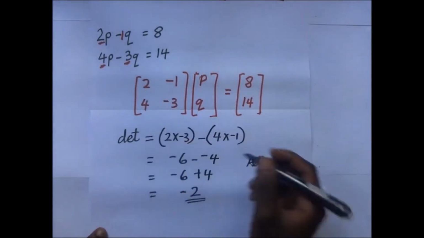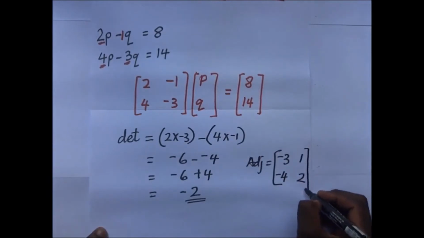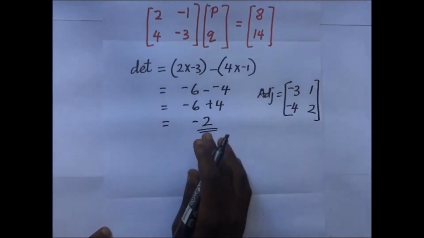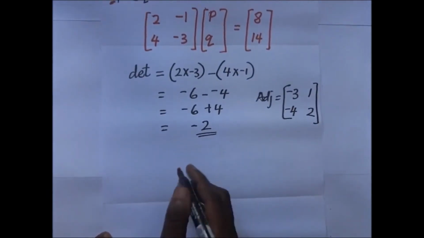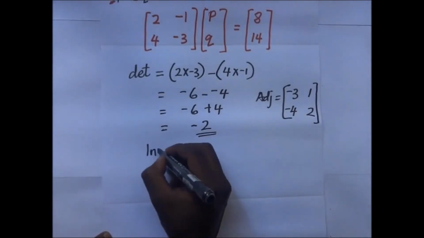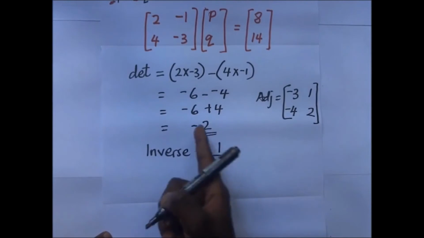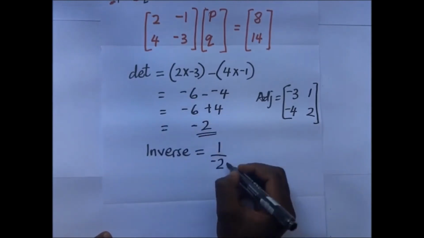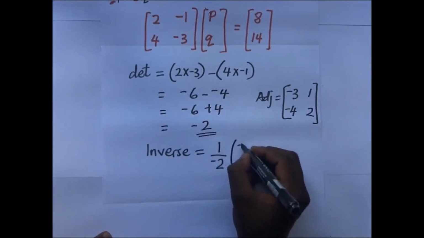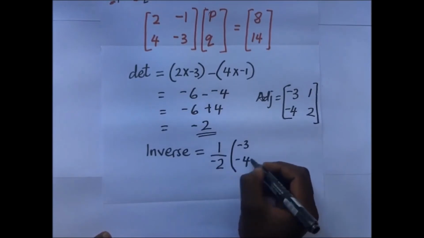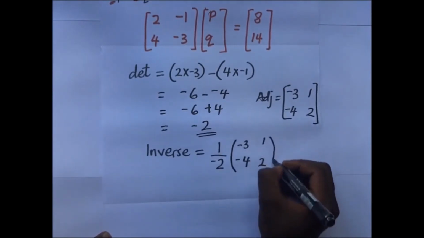Negative 1 times negative 1 is 1. So it means that the inverse of the matrix is going to be 1 over the determinant, which is negative 2, times the adjoint, which is negative 3, negative 4, 1, and 2.